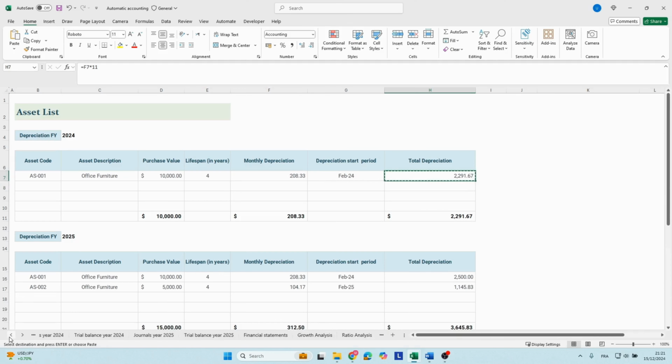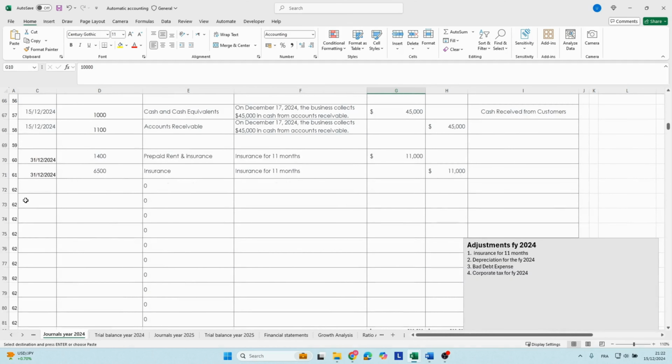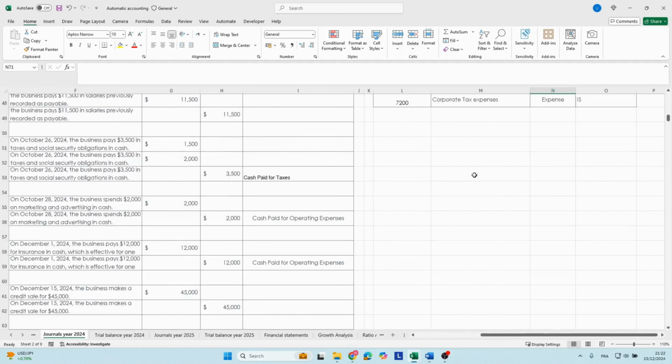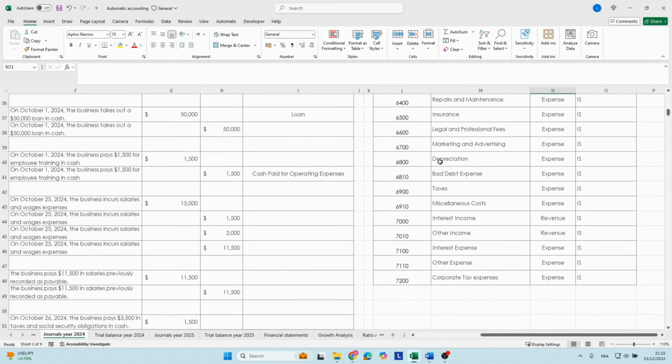We go to the journal. In the journal, we put the date. Then we put the account for depreciation. We check in the chart of account, and we found that the account is 6800.